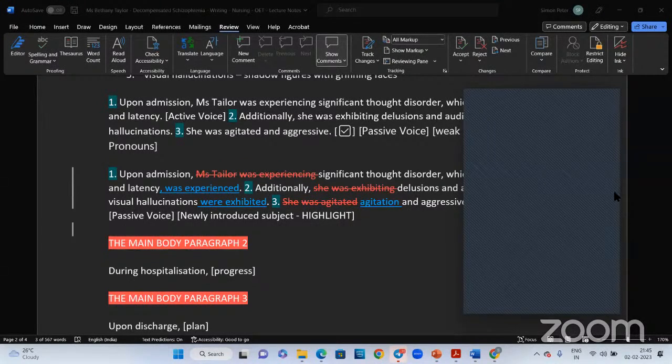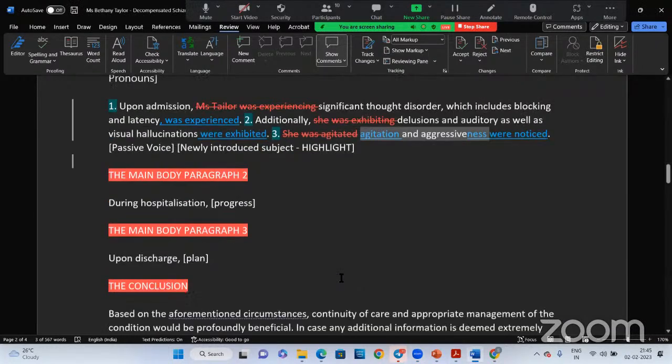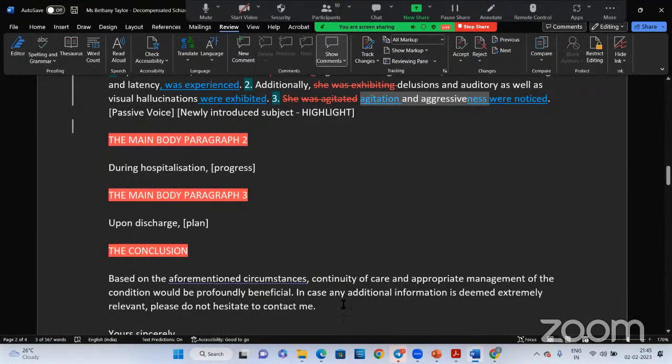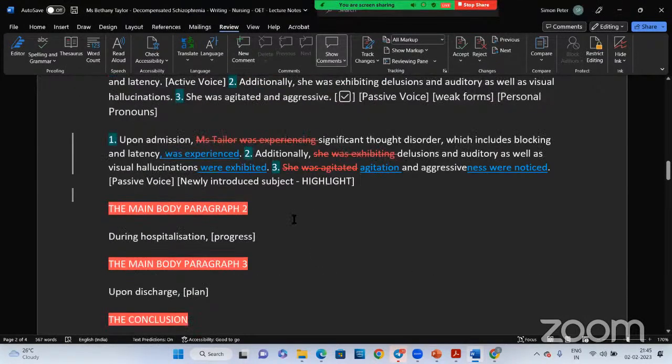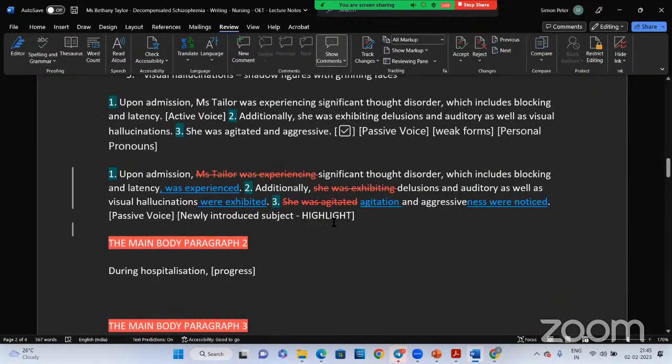We are going to the second paragraph: during hospitalization. During hospitalization. Next one.